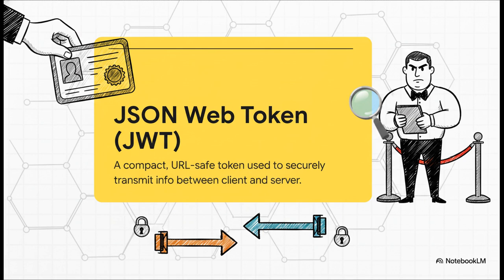Imagine a bouncer at a club. When you hand them your driver's license, they aren't calling up the central DMV to verify your identity, right? The ID card itself has a holographic seal, like a signature, that proves it's legitimate, and your details are printed right there on the plastic. A JWT works the exact same way. It proves who you are without the server ever needing to phone home to some central database.